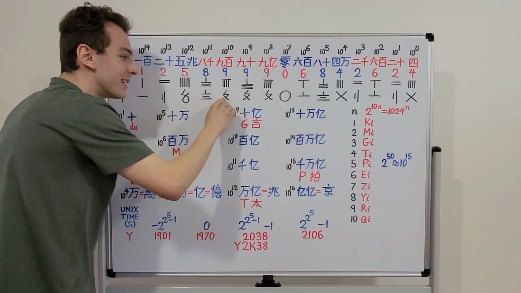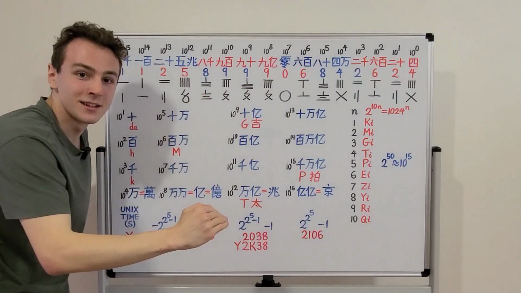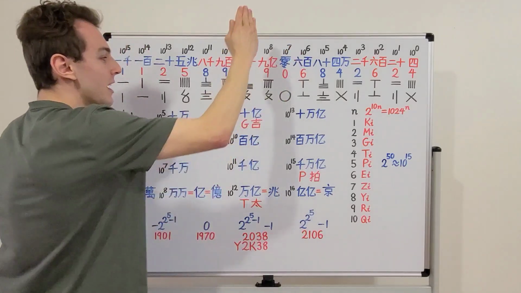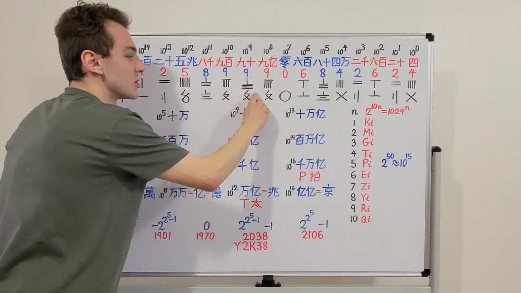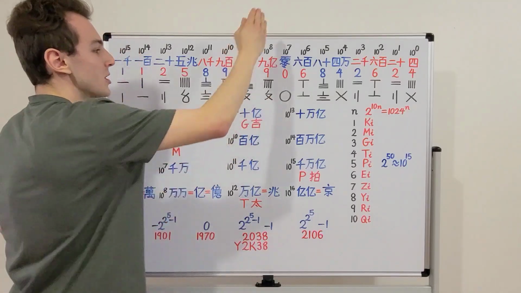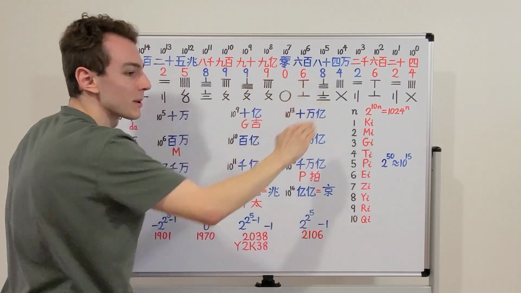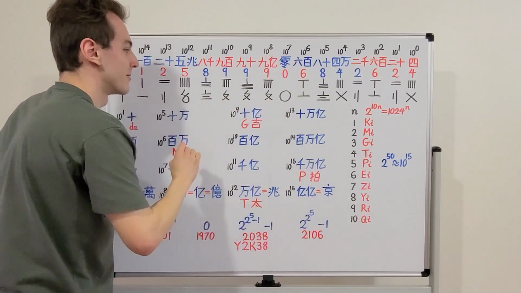And 9 can be represented as a perpendicular line and an X. So we have 5 plus 4. And if you write that quickly, so you have a vertical line, and then you write the X, then it turns into this shape. So that's where this shape comes from. And that is repeated 3 times over here. We have 9, 9, 9.